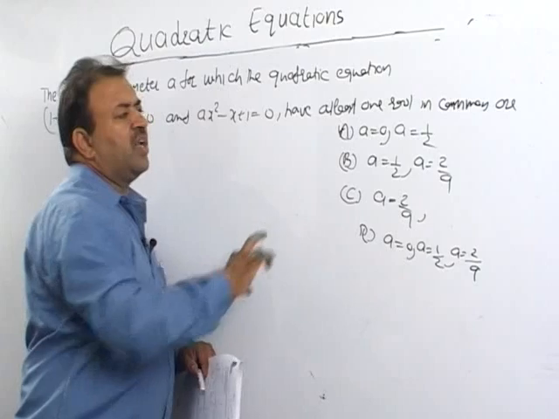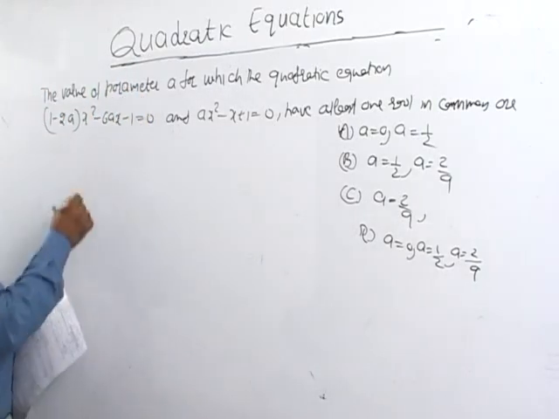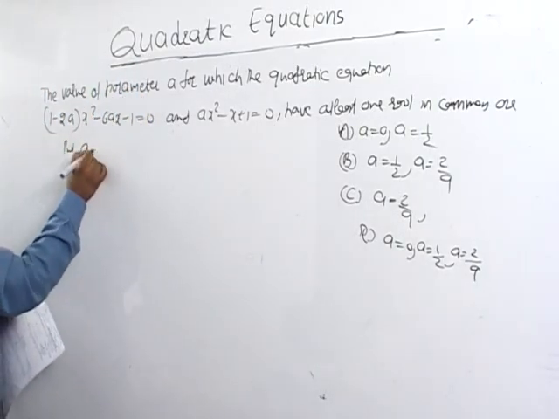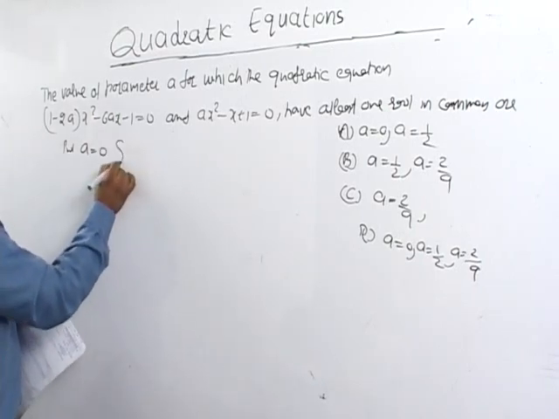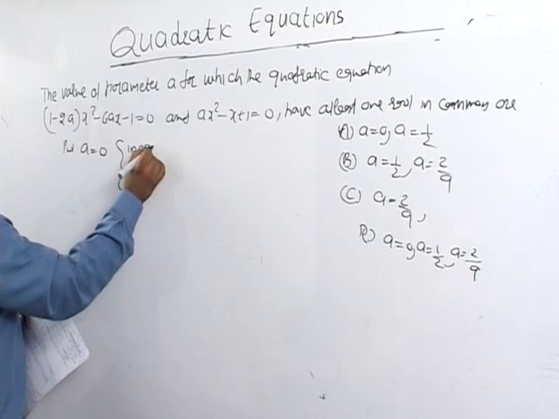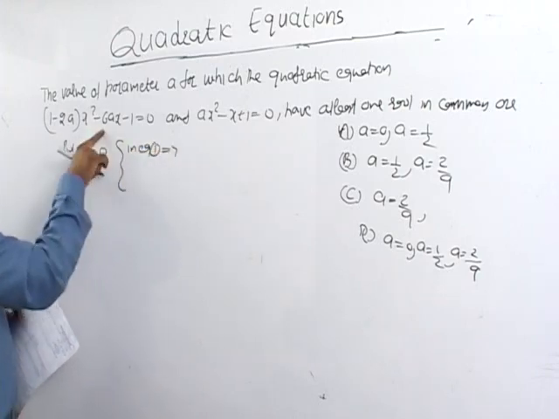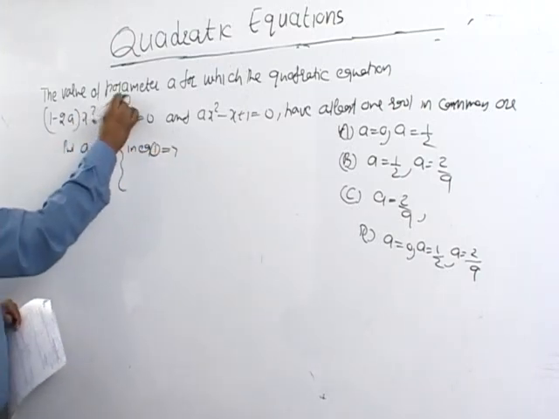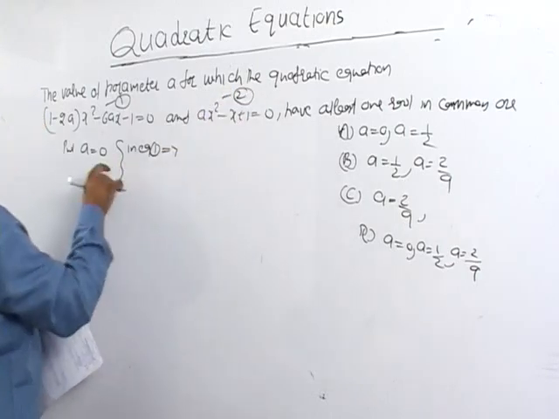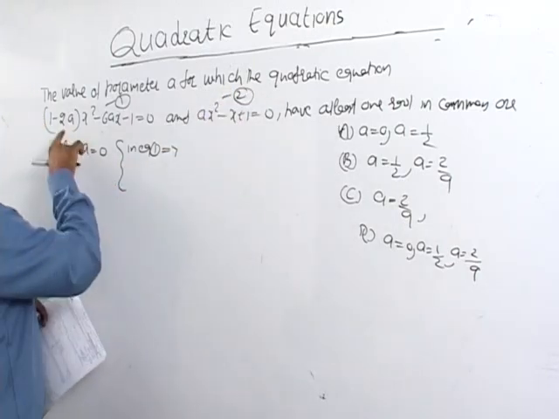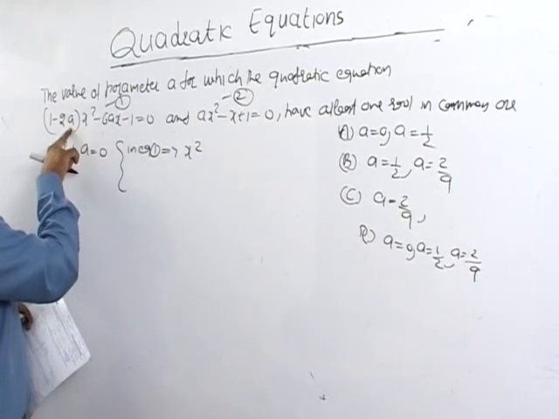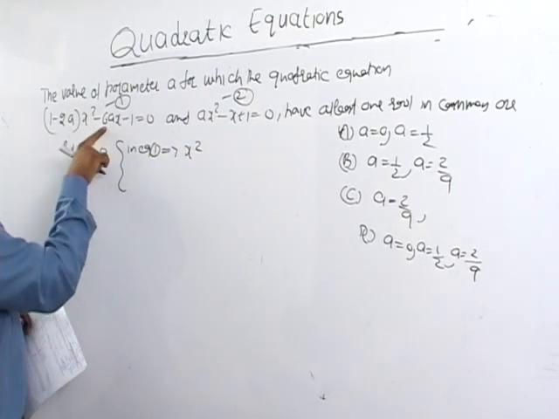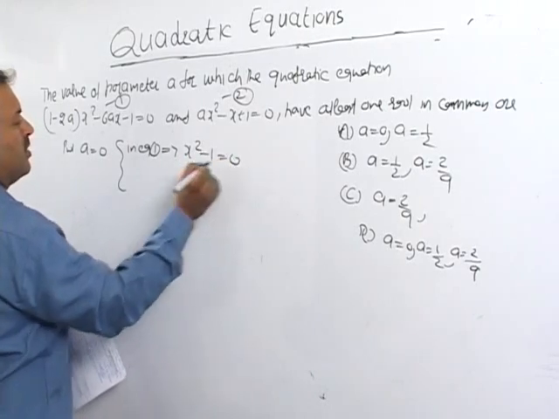We use these answers. First of all, put A is equal to 0 in both the equations. This is equation number 1 and this is equation number 2. In equation number 1 we get (1 minus 2A) x square minus 1 is equal to 0, so with A equal to 0 we get x square minus 1 is equal to 0.